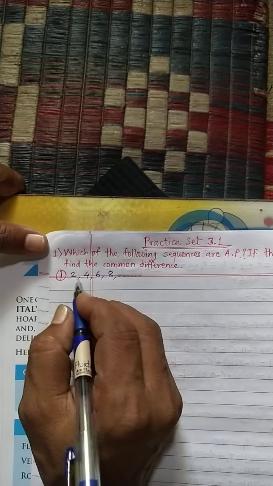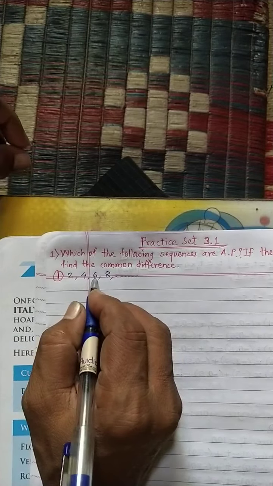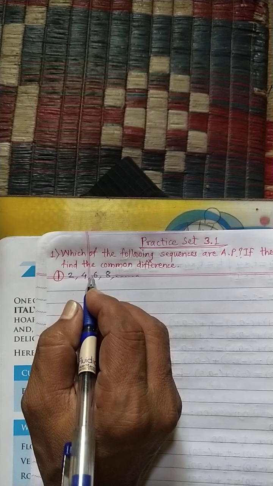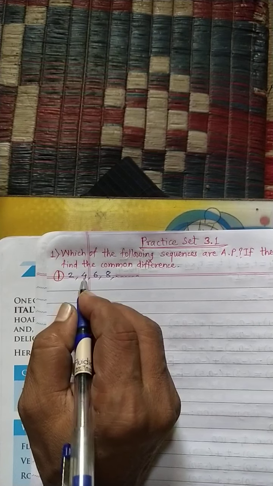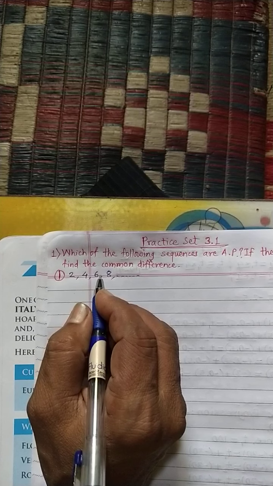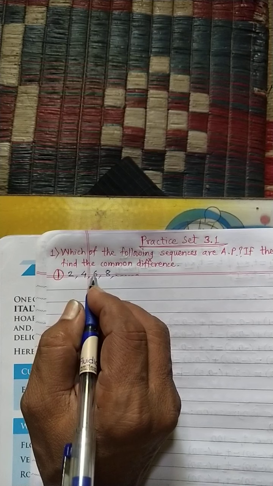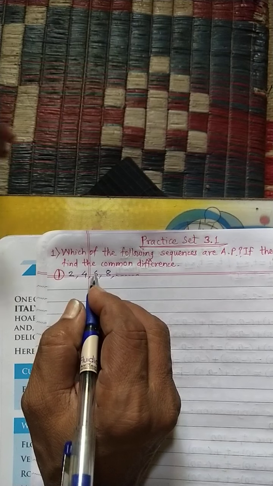Here in this sequence, first of all we have to write the first term, second term, third term, fourth term. Then we have to find the common difference between any two consecutive terms.